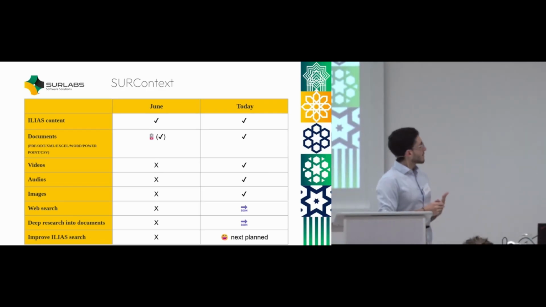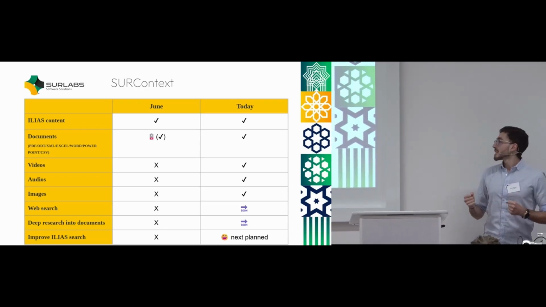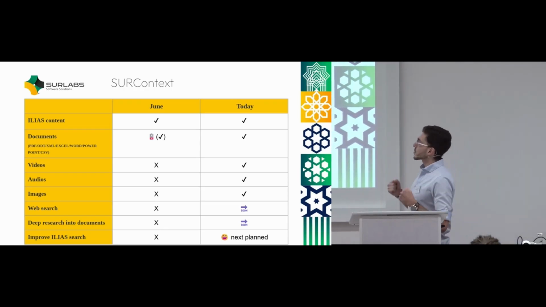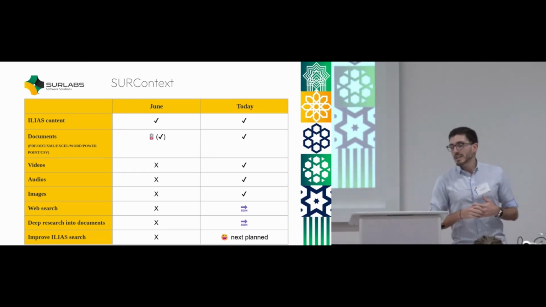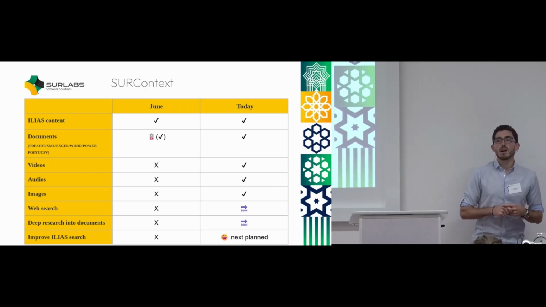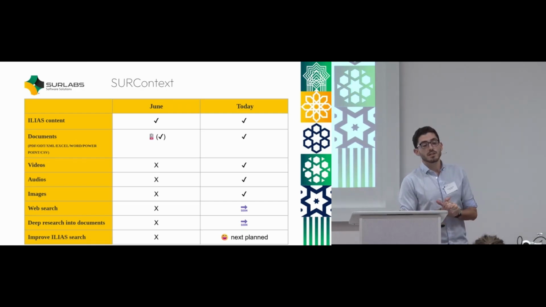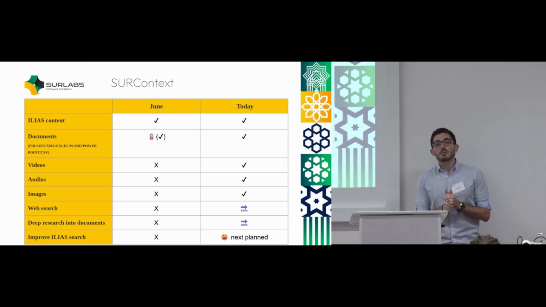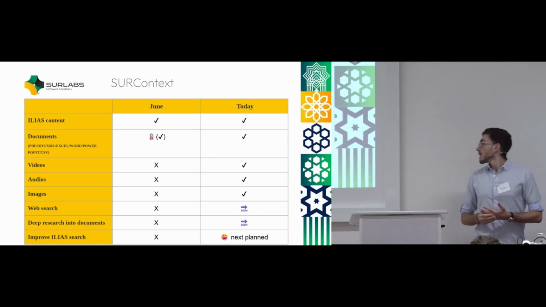We are working on getting web search, which will be available soon. Also, a deep research into the documents. But what does it mean? It means that, for example, if I request information about, I don't know, the life cycle, it's not going to provide a short answer. It's going to provide a summary. It's going to provide all the explanation that you need, and just in one request.